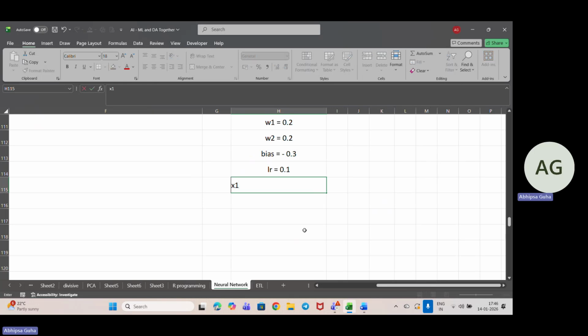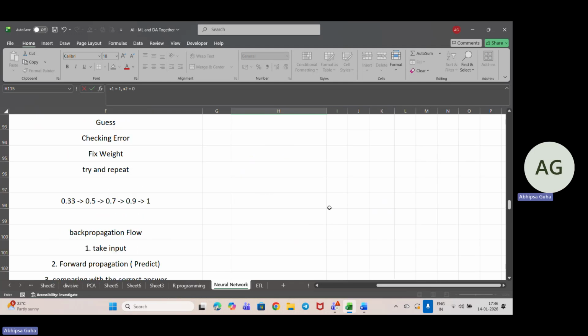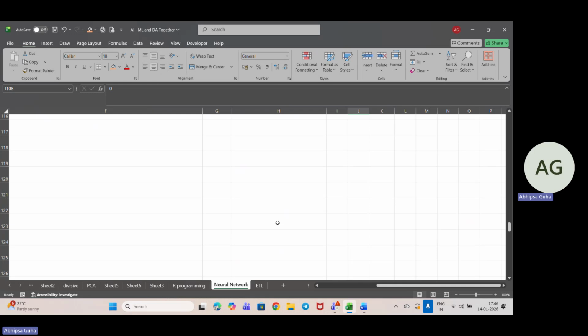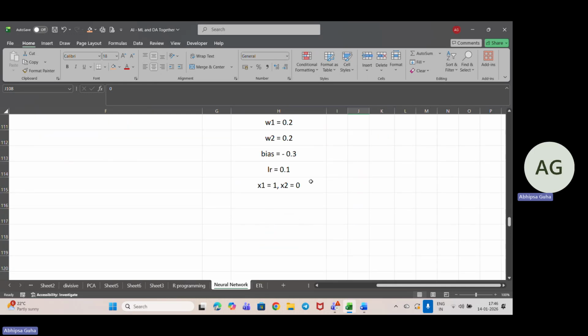So I am taking x1 equals 1, x2 equals 0, and my target is 0. Okay, now I am going for predict.